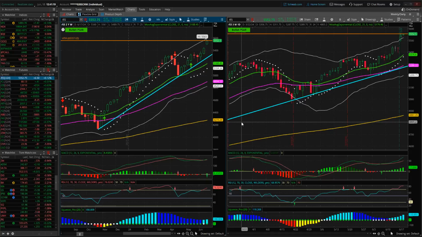Because you're selling naked puts, you don't have an unlimited downside, as they can only go down to 0, versus calls, where you do have unlimited risk because they can go to infinity, but you still have a good amount of risk to the downside. So the less puts I have, the better I am, and the safer I am.